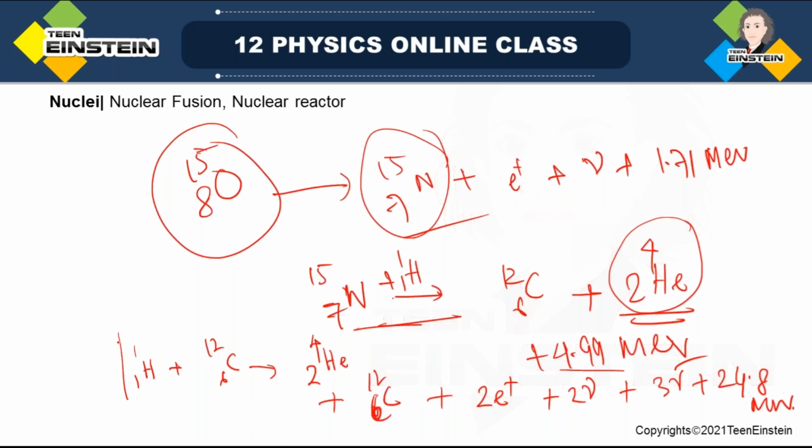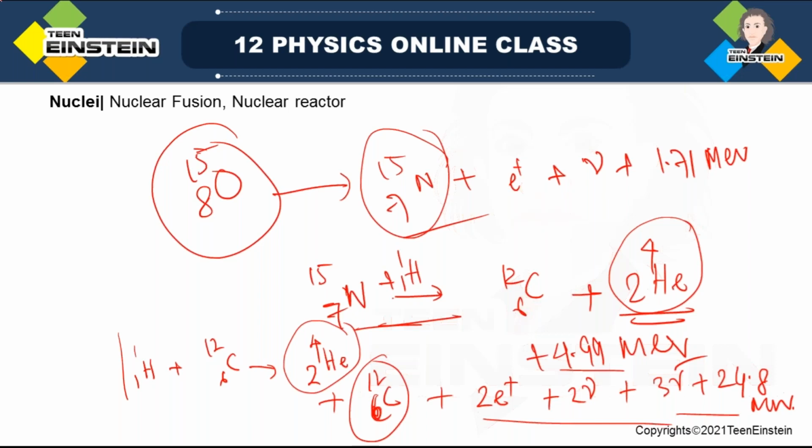So the whole reaction in one line: 1H1 plus C 6 12, so this is the proton plus carbon, and that will give rise to helium. Along with that, carbon is regenerated, and these are the byproducts, along with 24.8 MeV of energy.